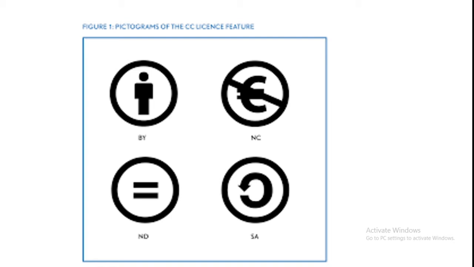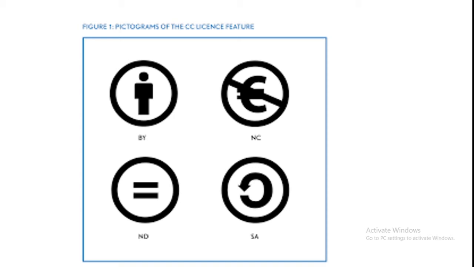Every time you use any kind of object, image, audio, or video which comes under Creative Commons licensing, you will find this symbol. You can use the content freely, but you have to attribute the original author for his or her work.